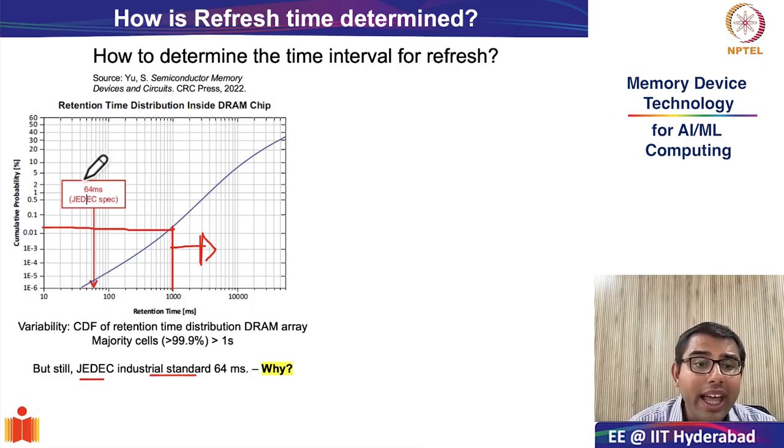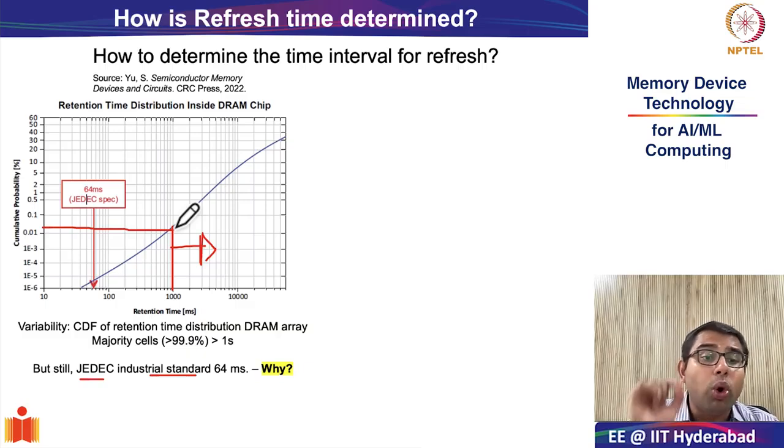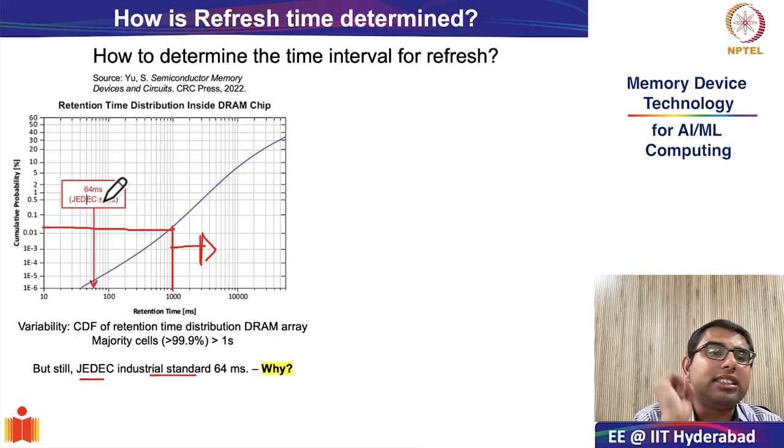Remember, only 0.01% of DRAM cells have a retention time less than 1 second. But for whatever reason, the JEDEC specification says that the retention time should be at least 64 milliseconds.